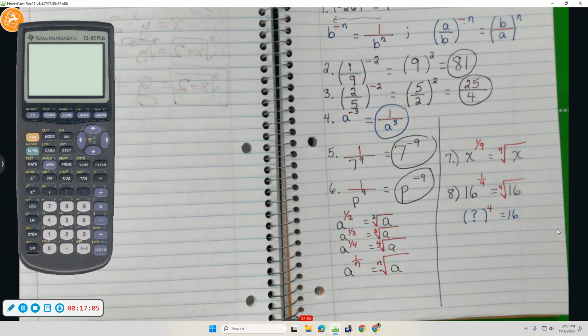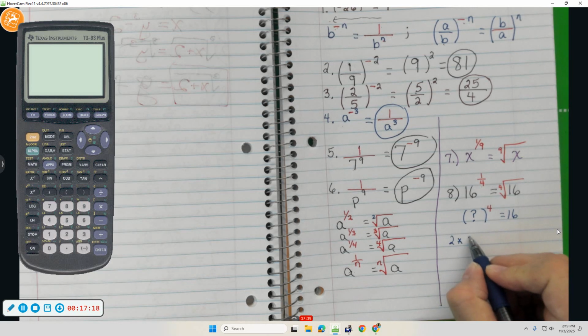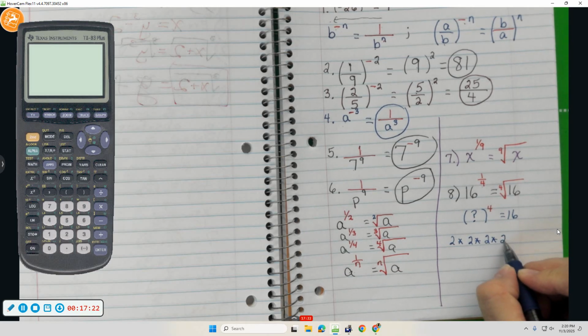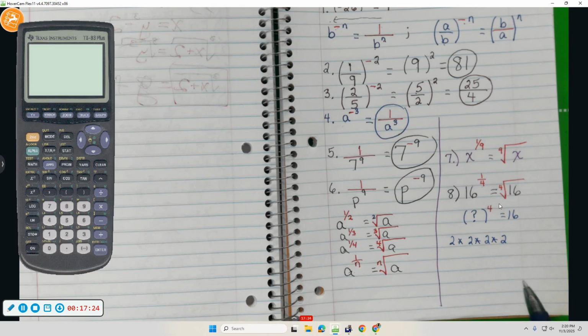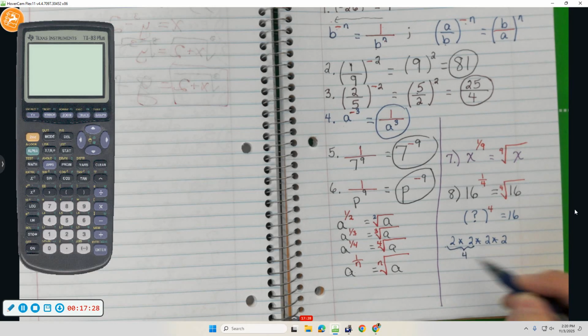1 doesn't do it. 1 times 1 times 1 times 1 is just a 1. So let's go to the next number, 2. If I multiplied out 4 2's, am I going to get 16? Yeah. Multiplying 4 2's, isn't that like multiplying 4 times 4?